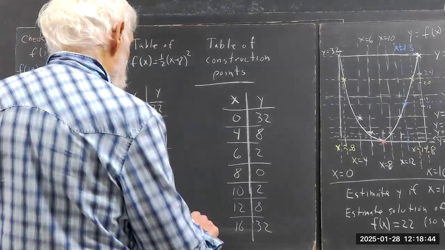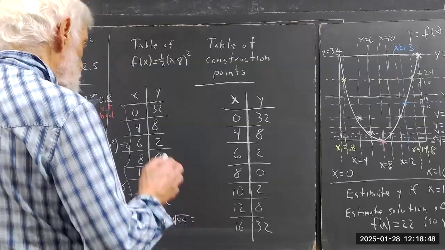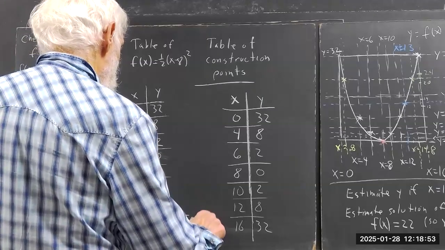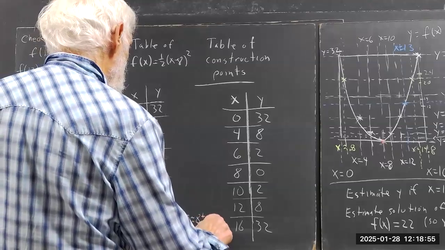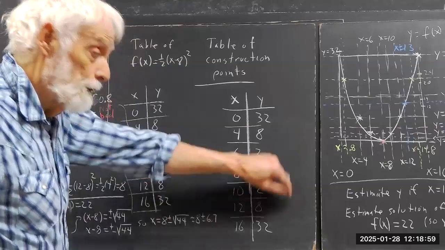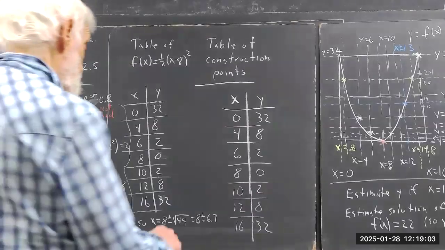Okay, square root of 44 is approximately 6.7. That's approximate. As many more decimals as you want to write down, the calculator will probably give you about 10 as well. Okay.